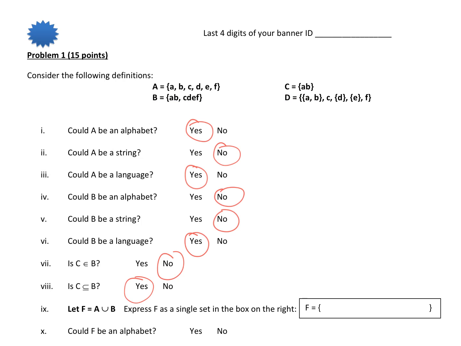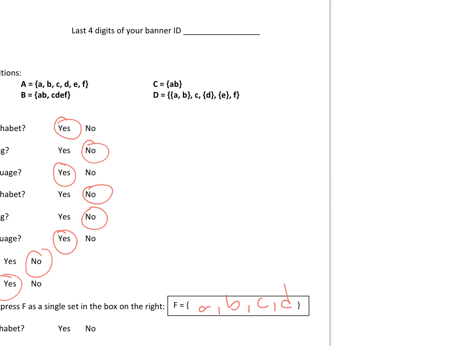All right, now we have to express F, which again is A union B, but we're taking the union of slightly different things now as a single set in the box on the right. So let's see. Again, I'm going to have to run out of space here and move outside the box, but we've got A, B, C, D. Let's slide over a bit.